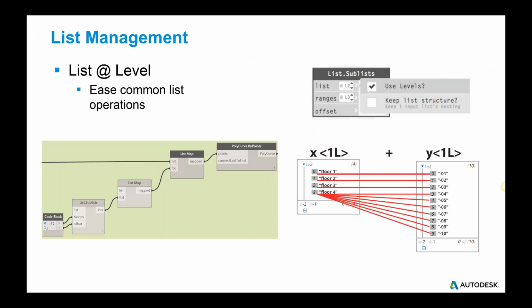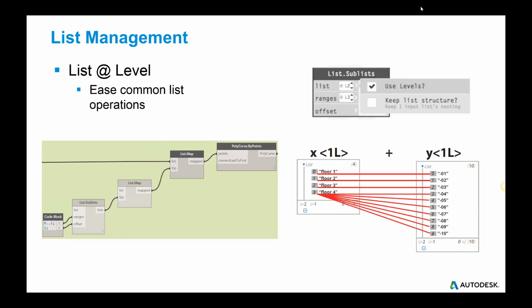The next thing that I wanted to point to was list management. How many people in the room have used a list map operation? Anybody? A couple of people? All right. I will illustrate what list management is about for those who are not so familiar.